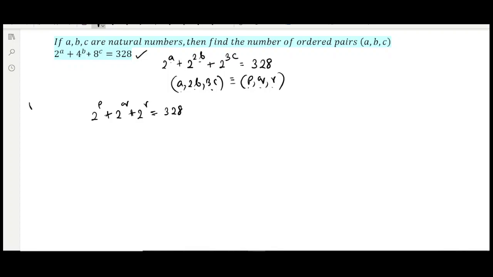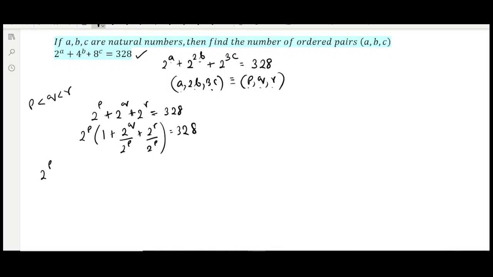It is quite obvious that someone will be less than someone. So let p be less than q and q less than r. So we can take 2 raised to power p as common. So we will get 1 here, and we will get 2 raised to power q upon 2 raised to power p plus 2 raised to power r upon 2 raised to power p equals 328.